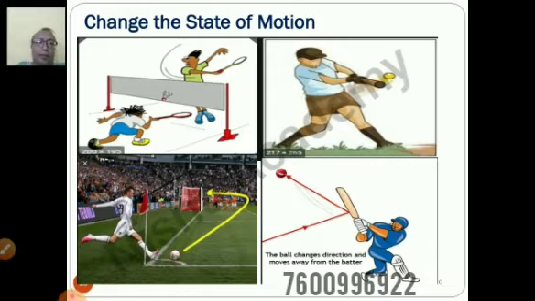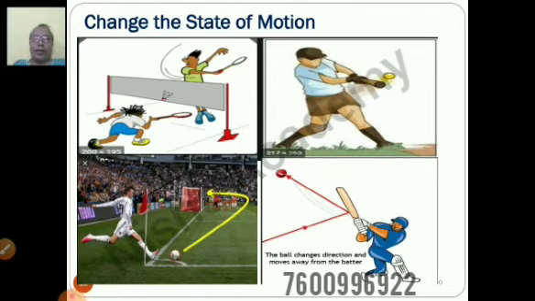In cricket, when the batsman hits the ball, the direction of the ball will change, or it can travel in another direction with a different speed. Another is football. When a player hits the ball, it changes its direction. So what happens here?